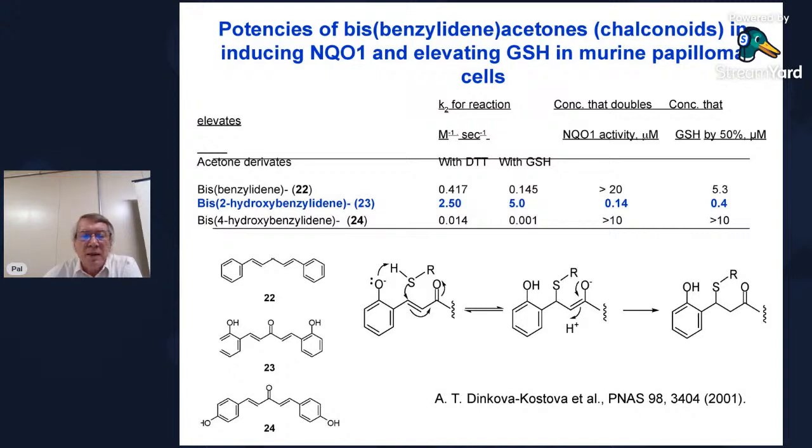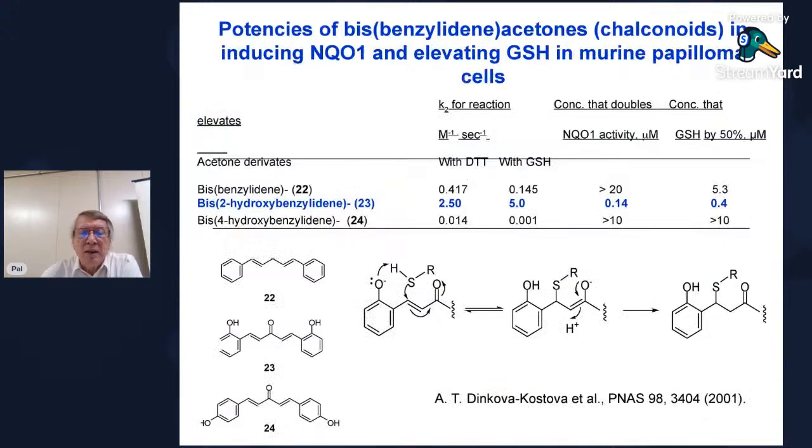In this case, again, the compound number 23. This is the structure of the compounds, and you see the higher reactivity was associated with higher NQO1 activity, which is now represented by the concentration needed to double the activity of the enzyme.